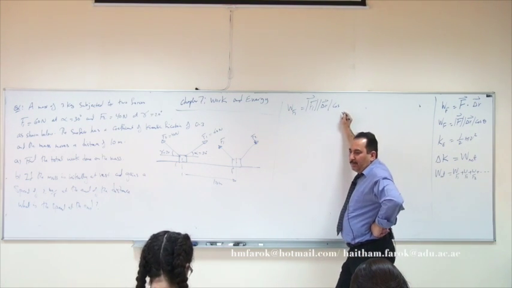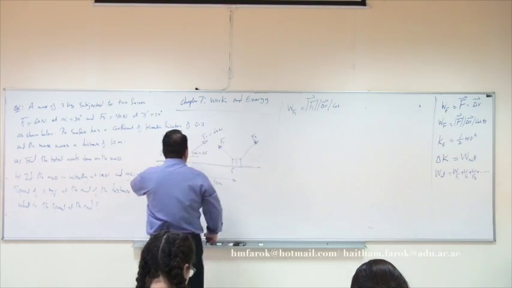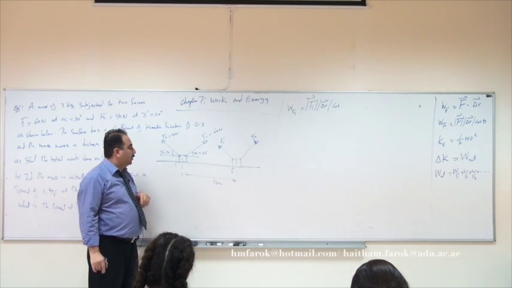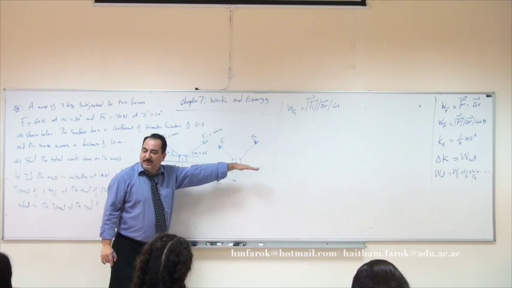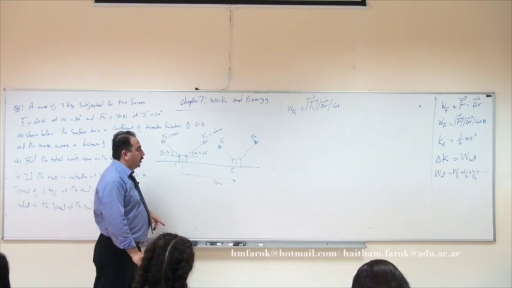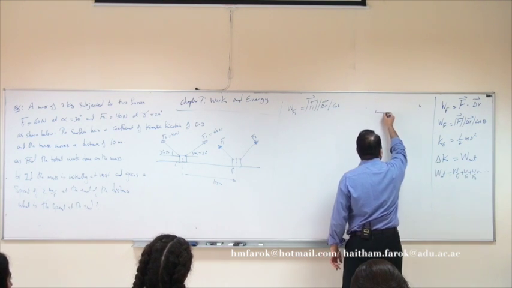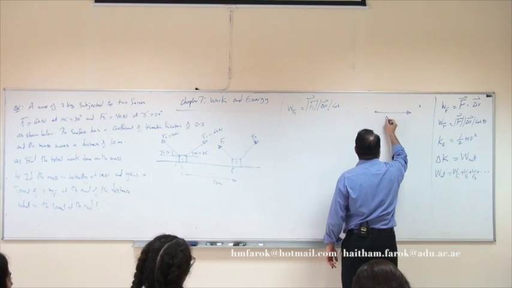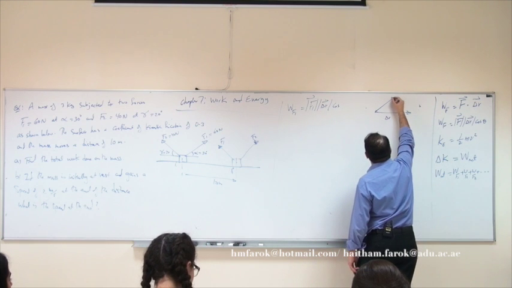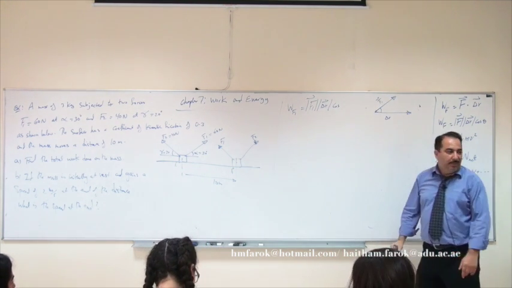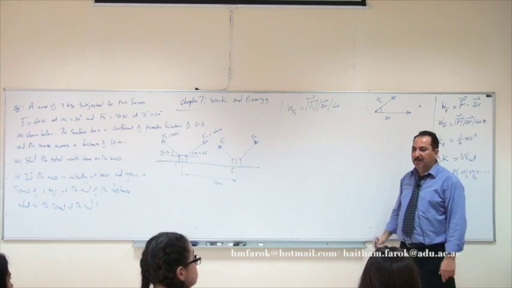Now, where is F1? This way. Where is displacement? This way. What's the angle between them? 30. I'll do a sketch here. This is initial, the start of the tail, and this is the final. This is delta R. And here you have F1. So this is the angle between them. Is it alpha or not? Yes?